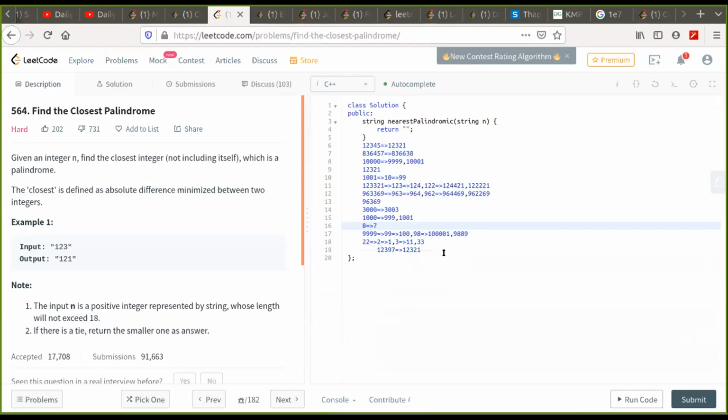So did we solve this particular problem? Sorry, I haven't touched that. For 9999, our answer should be 10001. That's one of the problems we need to handle. Correct. The answer must be this.